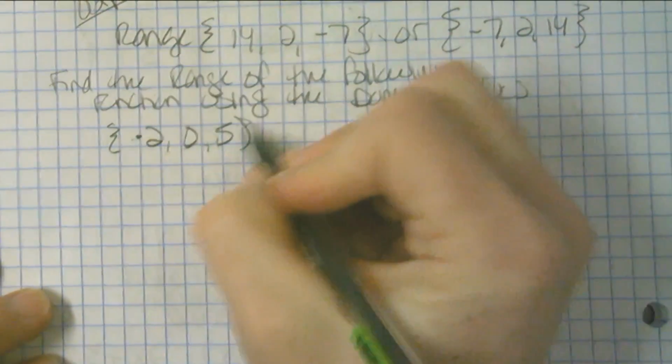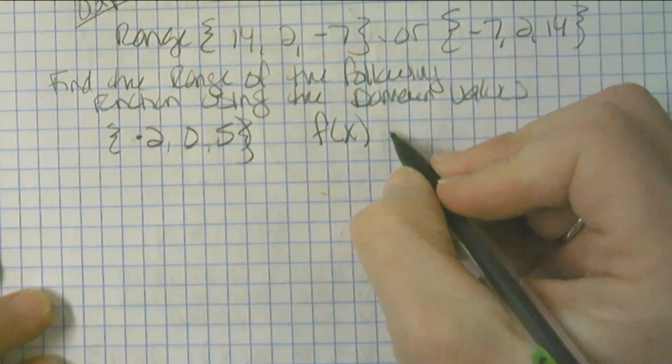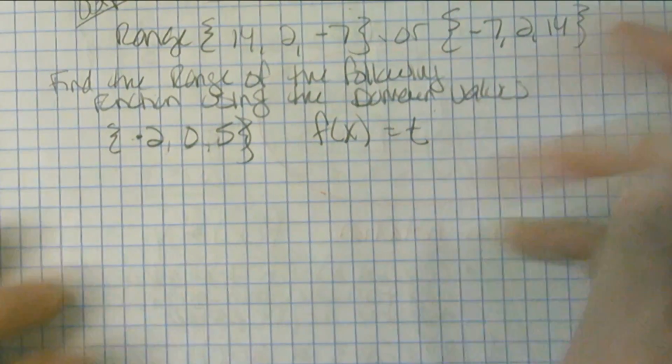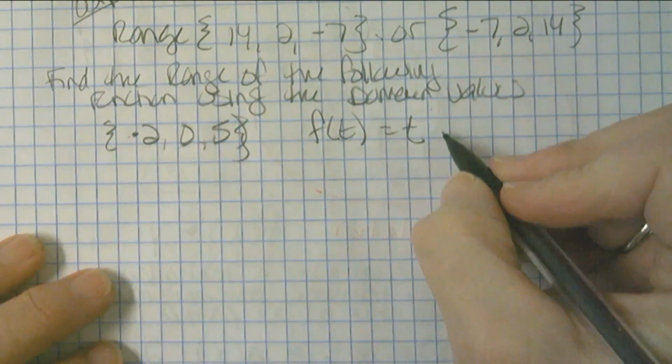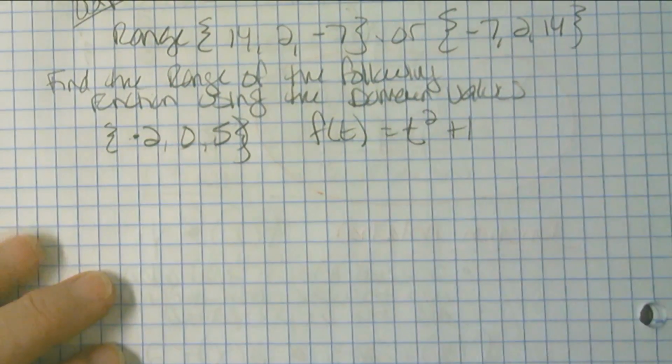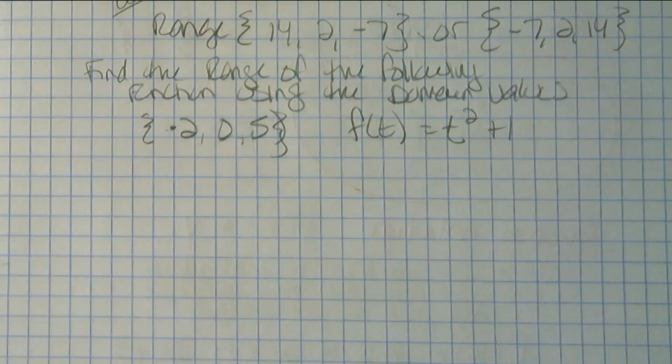My function is f of t is equal to t squared plus 1. So I want you to find the range values, which means you're doing all the math. Find the range values of the following function. f of t is equal to t squared plus 1, using the domain values -2, 0, and 5. So go ahead and do this, please.